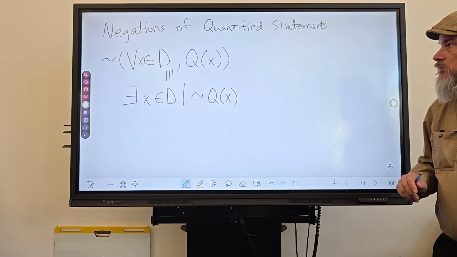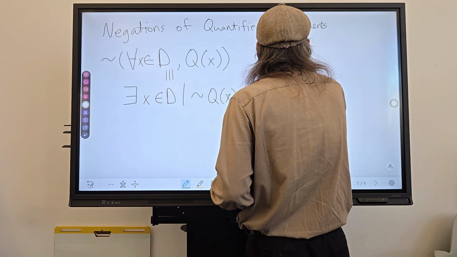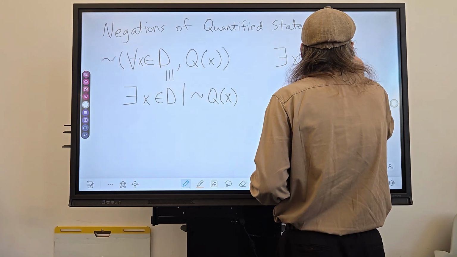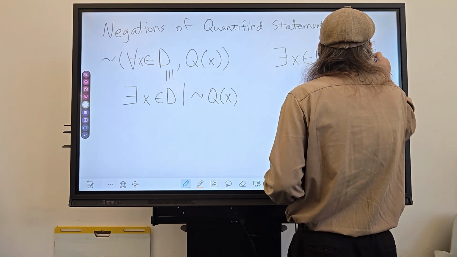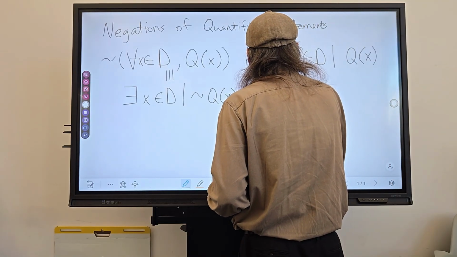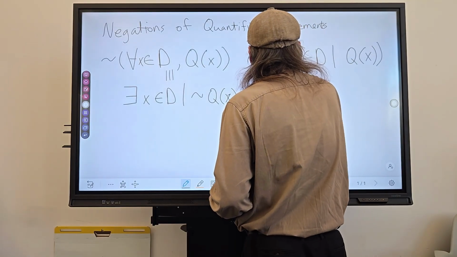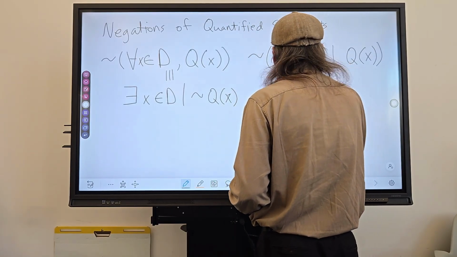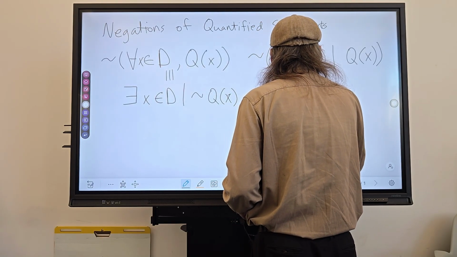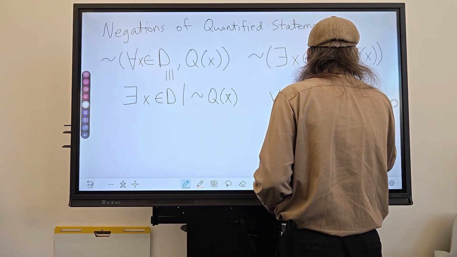Now, as you might expect, the negation of "there exists an element in D such that Q of x" is going to be a universal quantified statement with the predicate inverted.